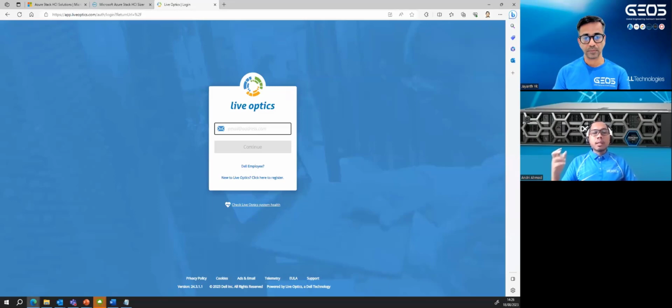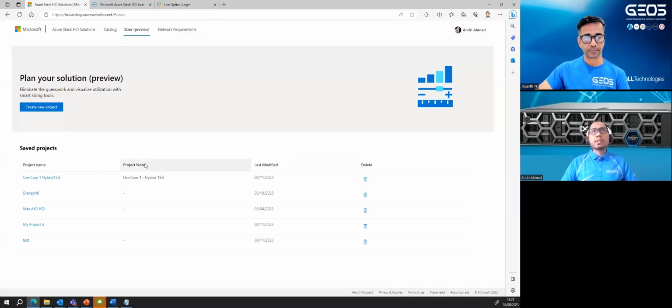Okay, then if you have all the sizing data for your workloads, and if this is a greenfield, for example, you can work with your application consultant and then determine the requirements for your workloads. And then you're ready for sizing. So we have first the Microsoft Sizer.